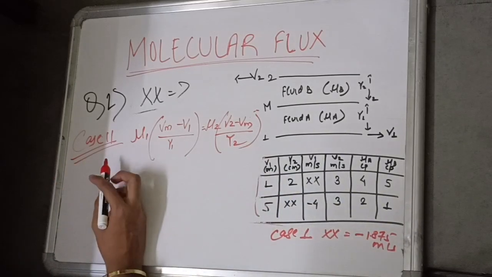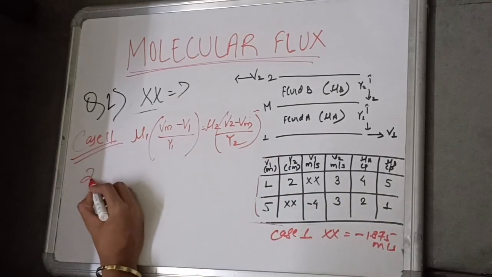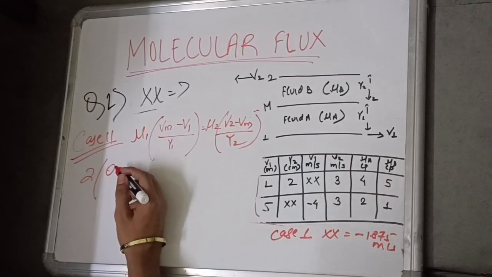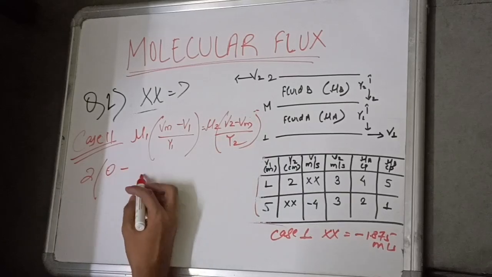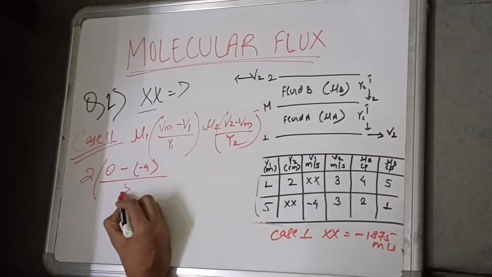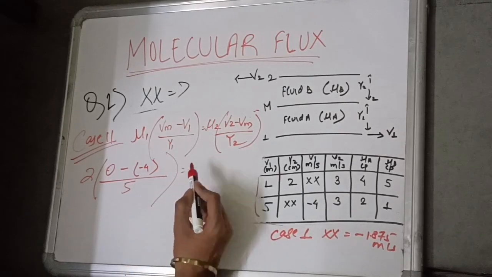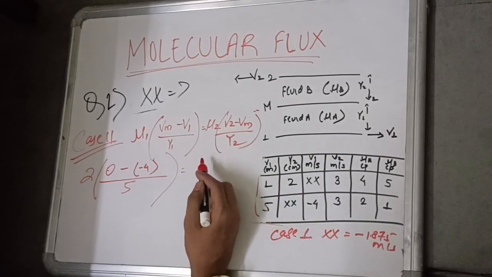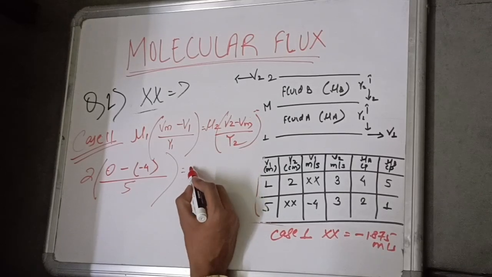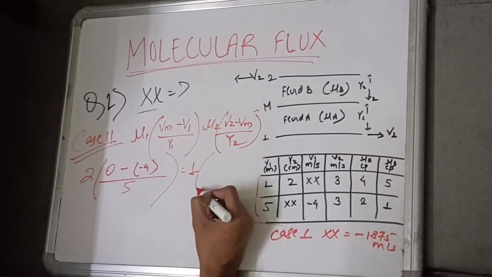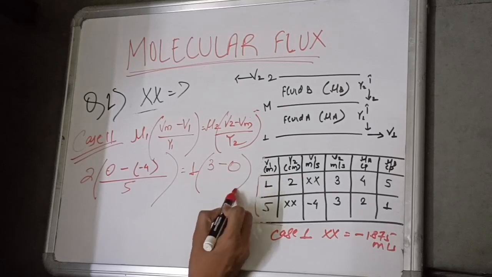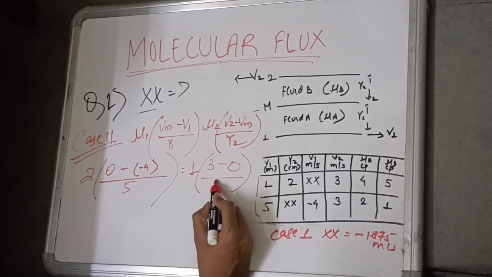In case 2 we have mu1 equals 2. Velocity of middle plate should be 0 so as to keep the middle plate stationary. Velocity of the first plate we have is minus 4. Distance between them is 5. The viscosity of the second plate is 1. Velocity of the second plate we have is 3 minus 0. Distance between them we have to find.